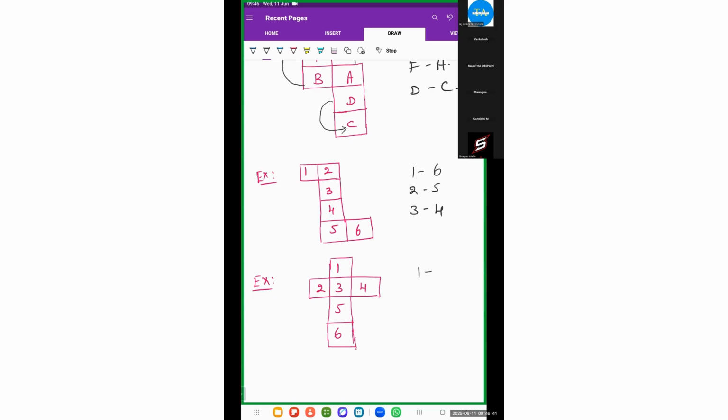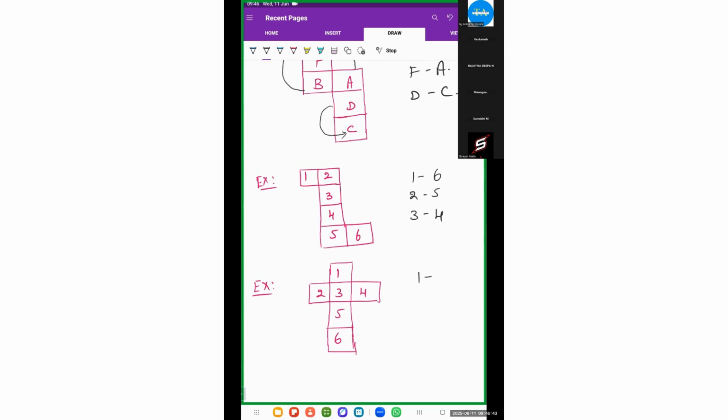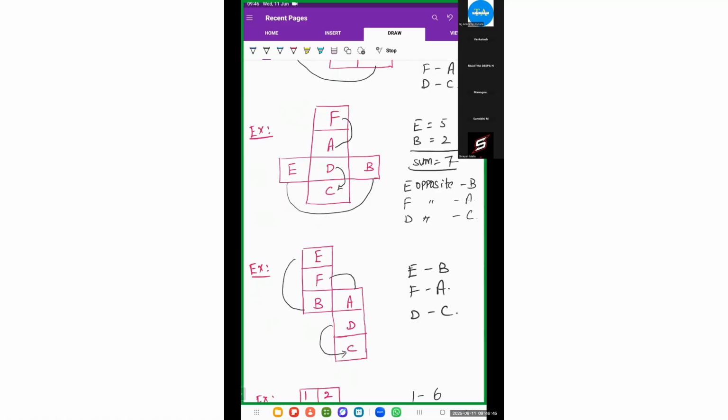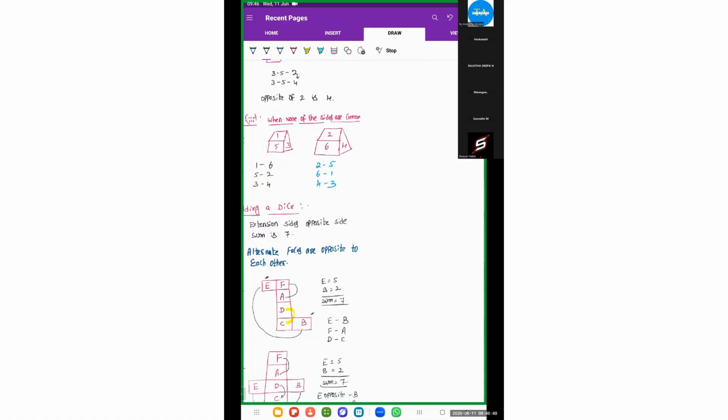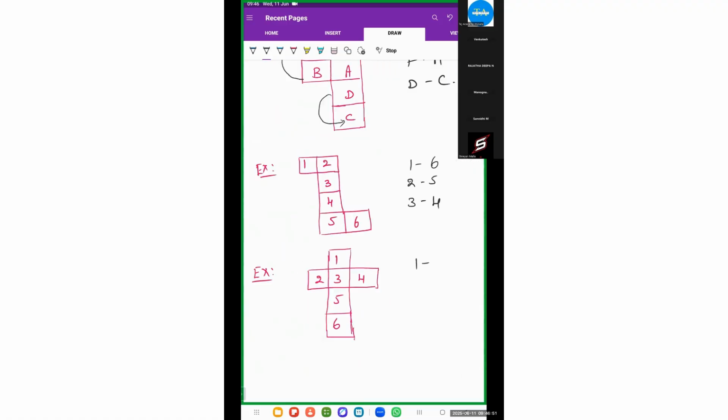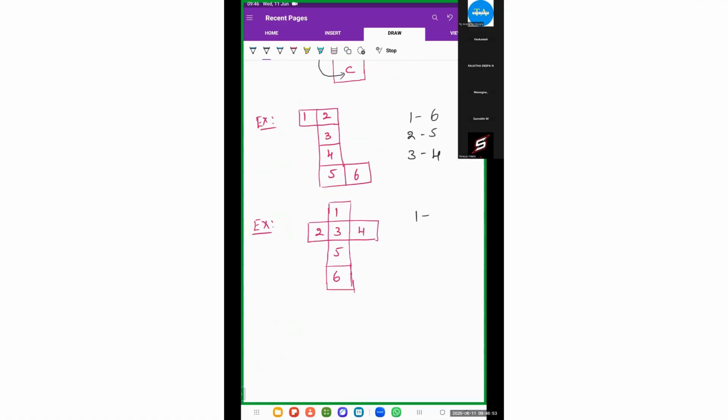This is not an extension. This is the second model. Alternate faces are opposite to each other. Here 1 and 6, there is no extension. The opposite sum is 7, but there is no extension here.